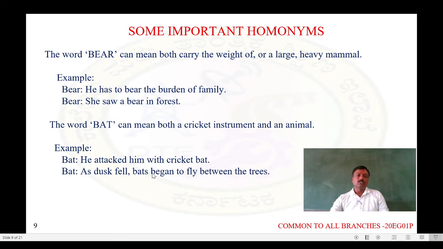So this is about homonyms. I hope all of you have understood about homonyms. Homonyms are those words which have the same pronunciation and same spelling, but they have different meanings.